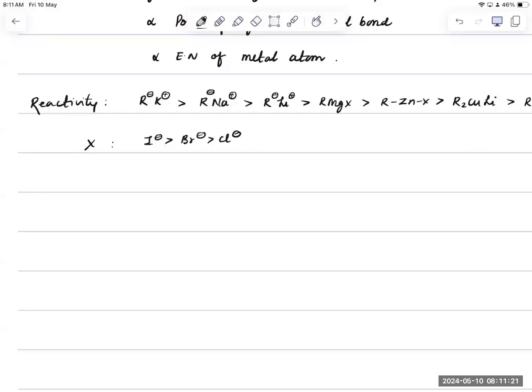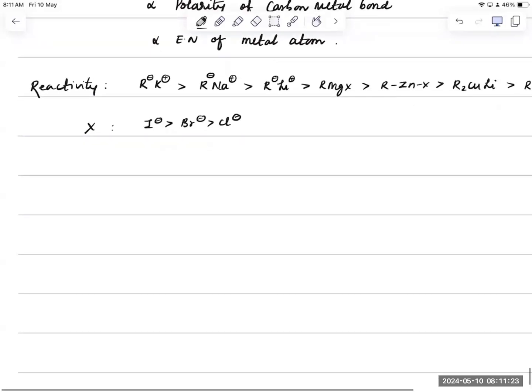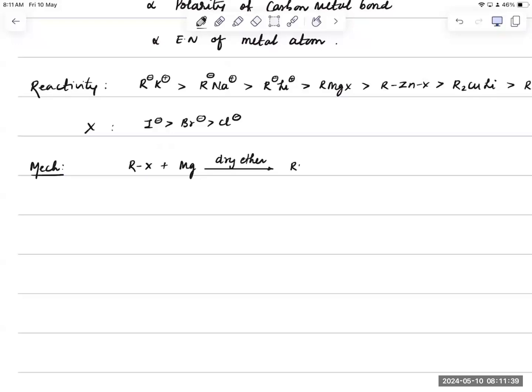So basically, if you notice the mechanism, it is like this: R-X plus Mg, in the presence of dry ether, generates RMgX.